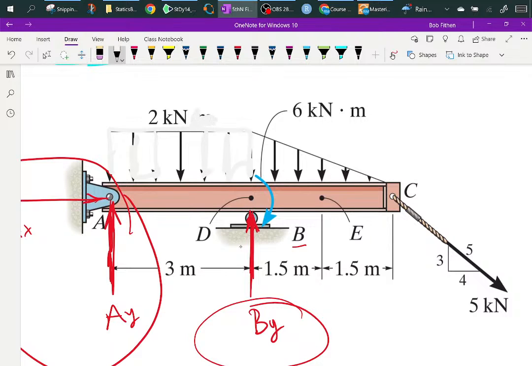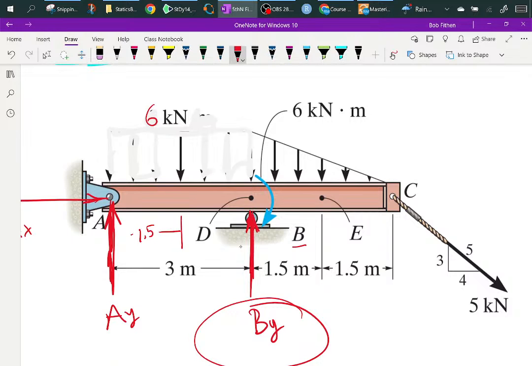And so this is weird. So I'm just going to say it's the same thing as 6 kilonewtons right there. And right there being 1.5 over. Why 1.5 over? Because it was a distributed load.